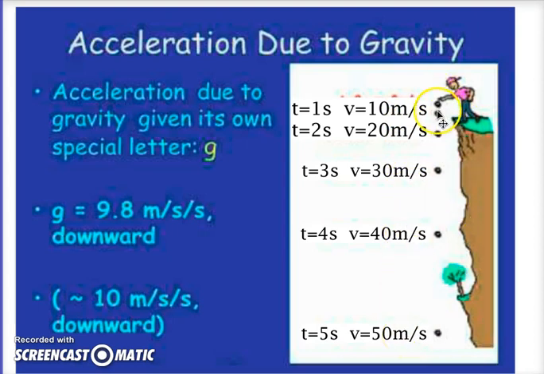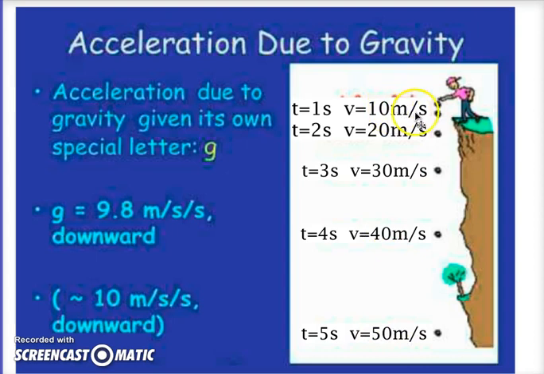Notice that this object that is falling off of this cliff is here at 1 second, here at 2 seconds. It's covering more distance because it's speeding up when it reaches 3 seconds, covering more distance at 4 seconds, and even more distance at 5 seconds, which means that it is accelerating as it is falling.